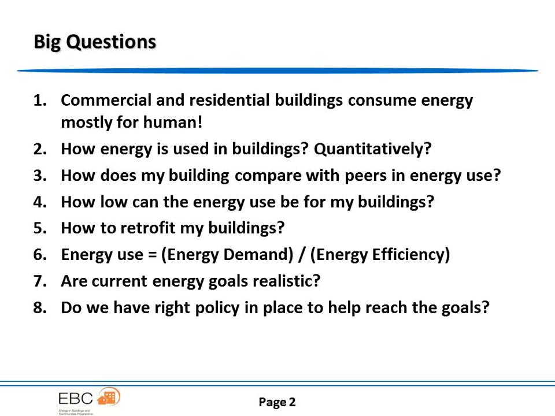Number 6 is interesting, because when we talk about energy use, there are actually two different parts. One is the energy demand, or energy service, like what comfort level and how much outside air we need. Then, in order to provide those services, you deliver them, so what's the efficiency of your system?